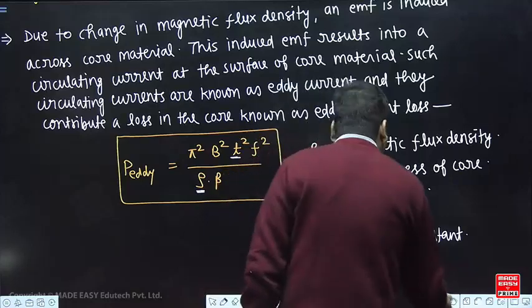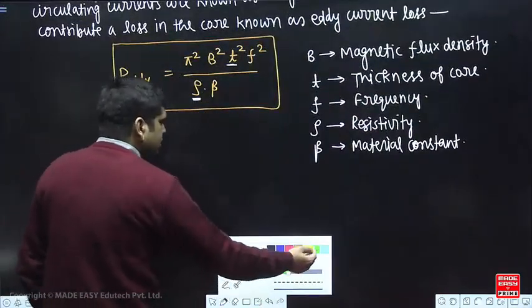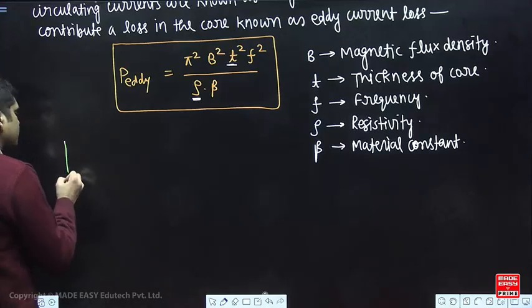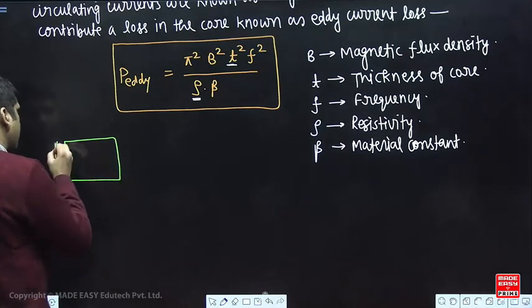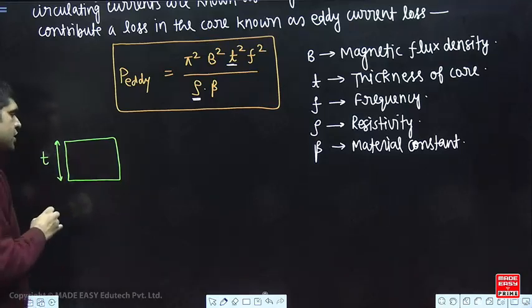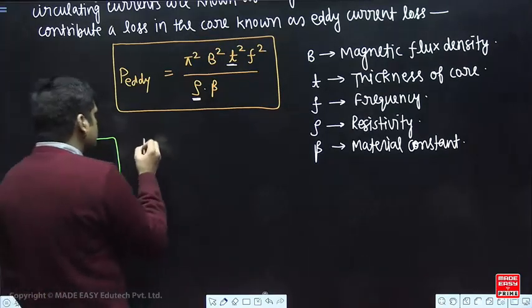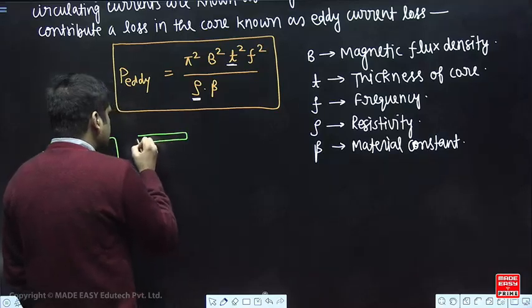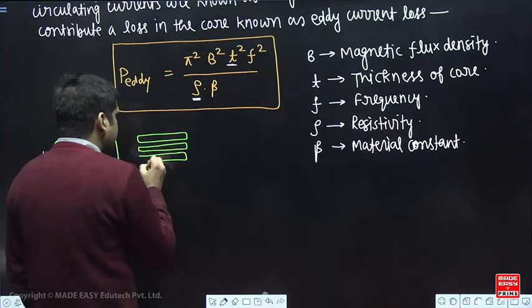So we cannot reduce thickness very much, but we can use a method to overcome this problem. Suppose this much thickness is required for the desired mechanical strength. Instead of using a single core, let's use a large number of thin sheets stacked together.